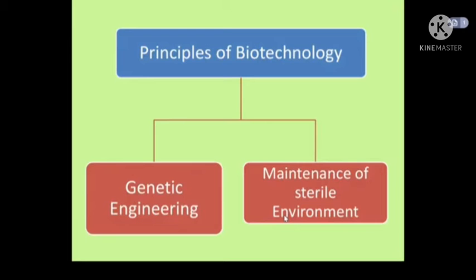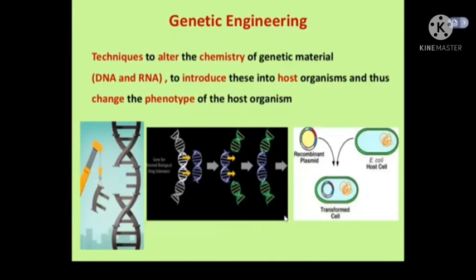In modern biotechnology, we can divide it into two principles. It is actually working on two principles. First one is genetic engineering, second, the maintenance of a sterile environment. So, what is genetic engineering? We will see that. It is alteration of the structure of DNA and RNA introduced into a host organism to change the phenotype of the host.